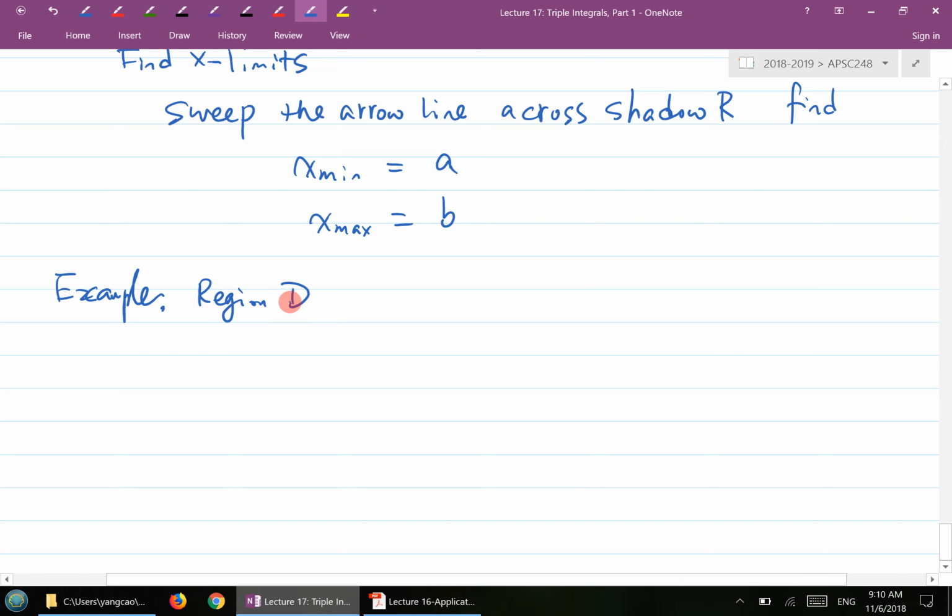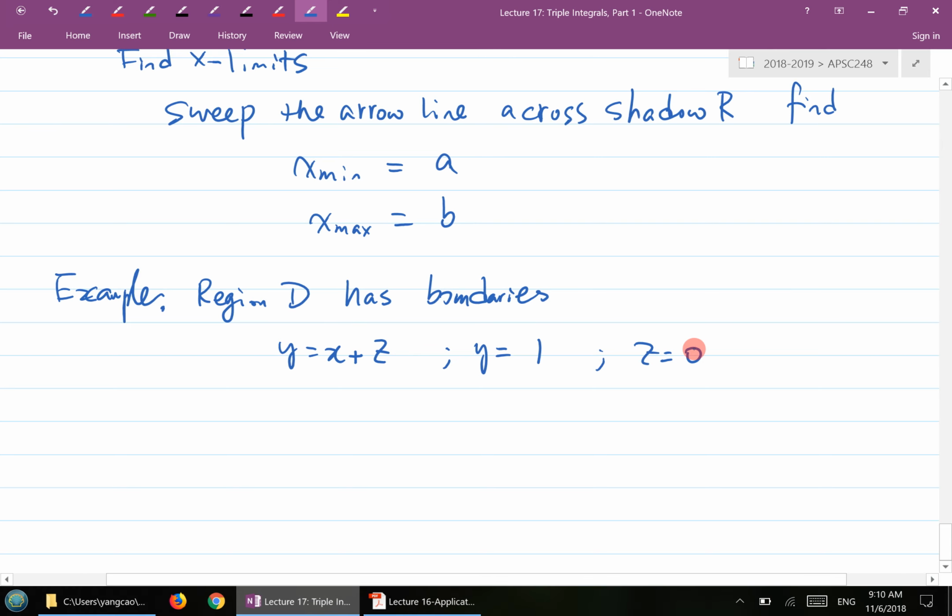I'll give you a region D that has boundaries as follows: y equal to x plus z, y equal to 1, and z equal to 0.